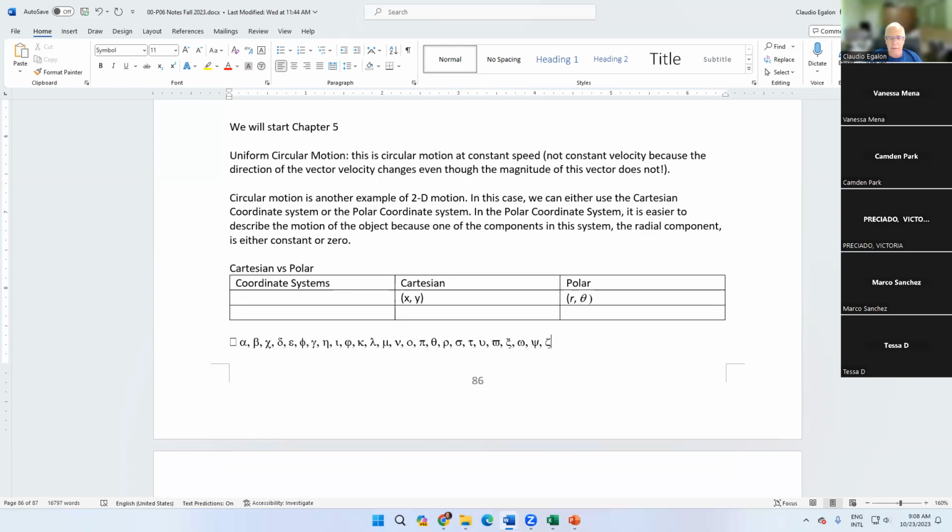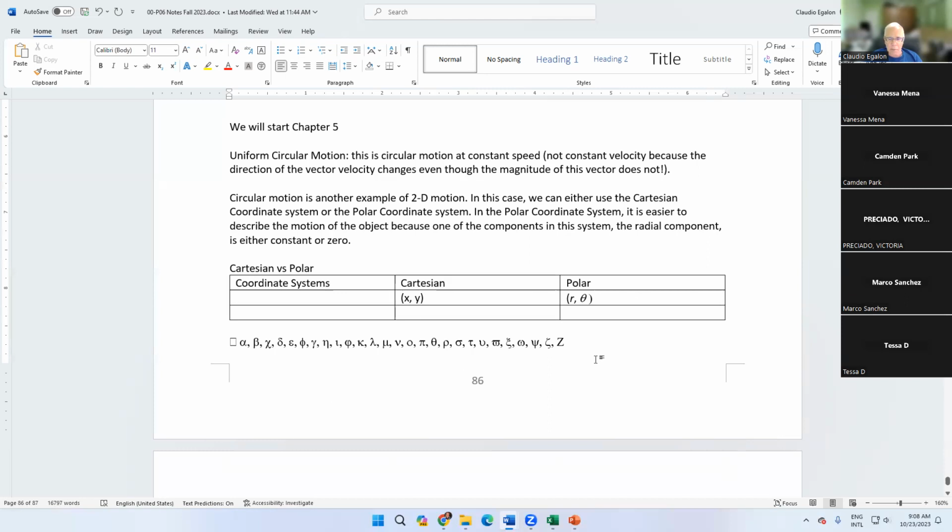The capital zeta appears exactly like in the Latin alphabet. This is the lowercase zeta, this is the uppercase. It's a good idea to memorize some of the Greek letters.